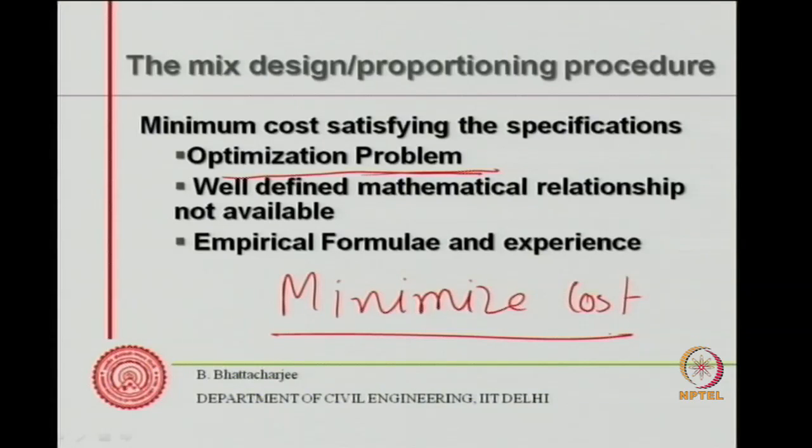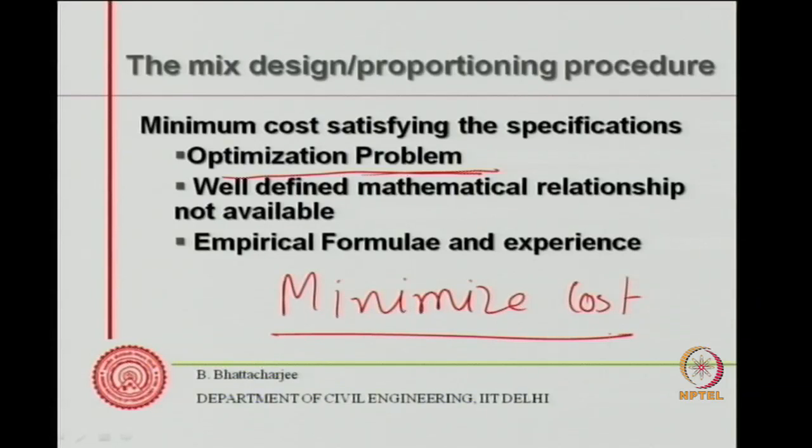So these specifications can be formed in terms of constraints, what we usually mention in case of classical optimization problem. So my specifications could have been constraints, my objective could be minimization of the cost, and I could have easily done an optimization process mathematically, and it would have been a very easy situation.